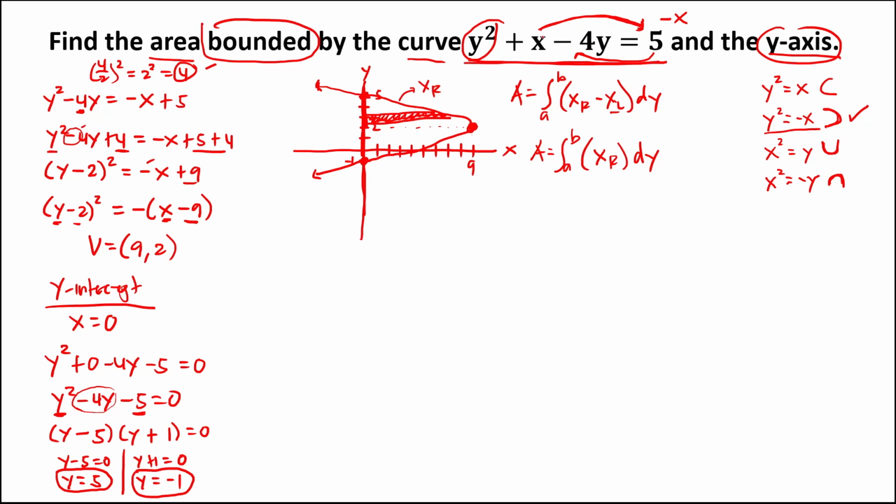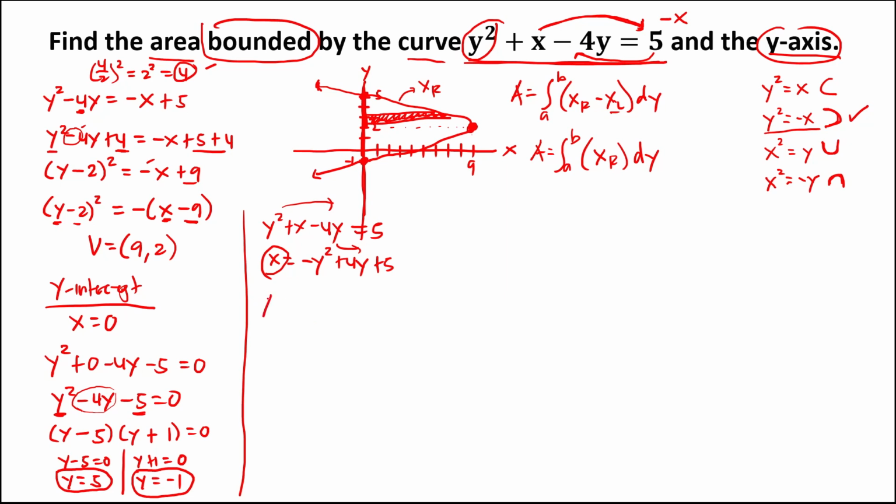Then from the given y squared plus x minus 4y equals 5, to solve for x, transpose everything to the right side. So this becomes negative y squared plus 4y plus 5. So this is now our right x.